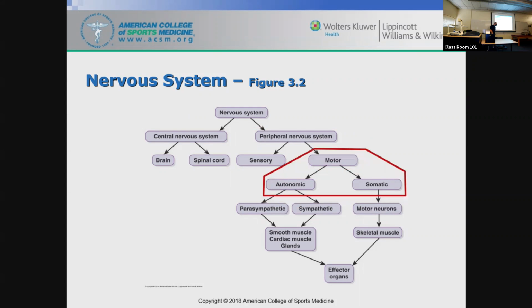Again, we got the autonomic and the somatic. The autonomic is what it sounds like. It's automatic. We don't have to think about it. Heart rate, digestion, hormone releases.